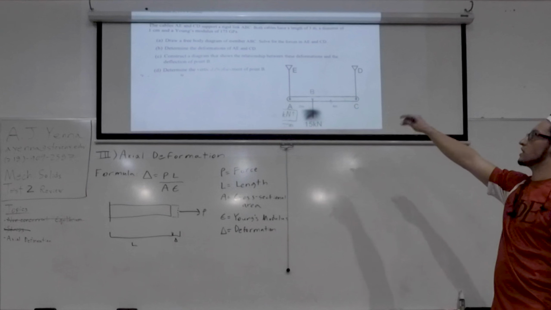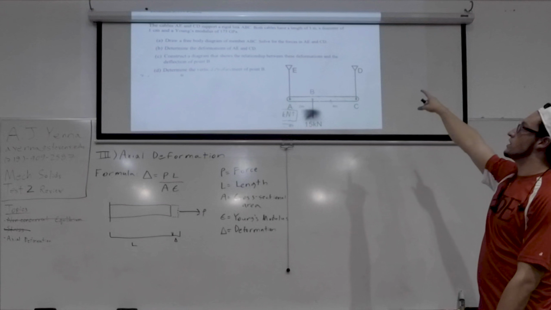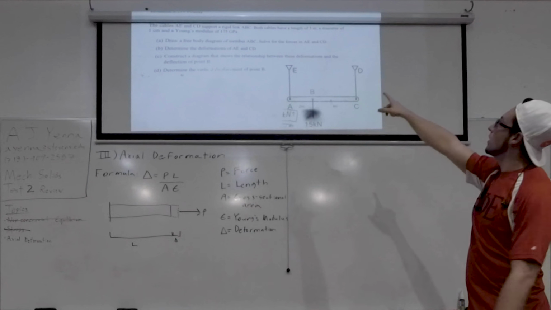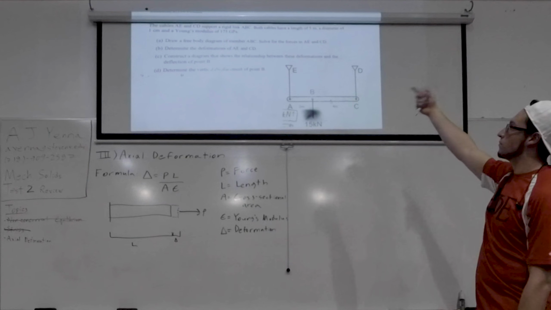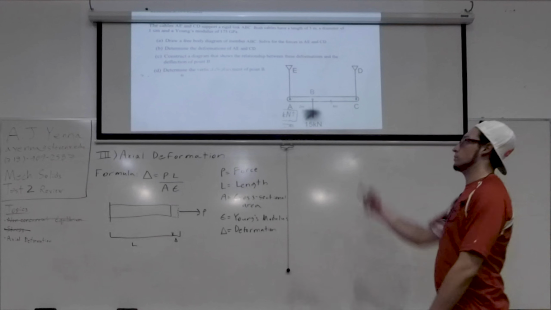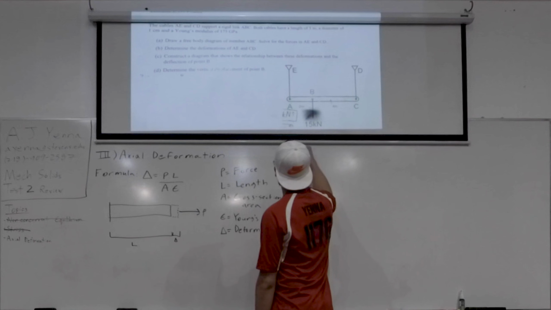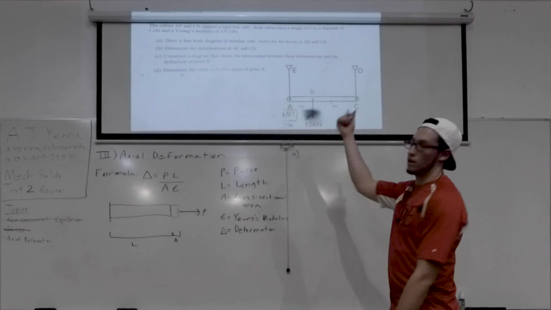You have beam AC, cables AE and CD, both of which the Young's modulus is given, like I said, and any relevant length. That's pretty much it. So step by step, we'll start to work through the problem. Part A: draw the free body diagram of ABC, and then solve for the forces.